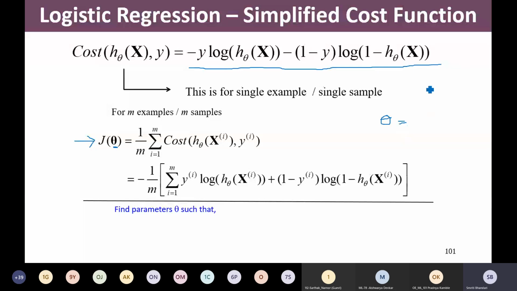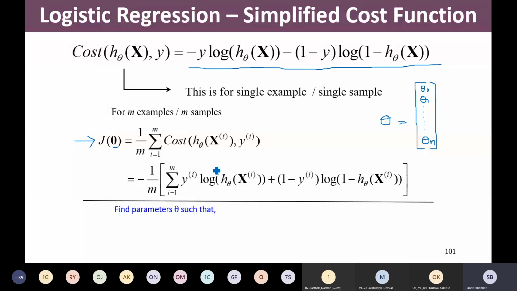Just recall, this theta is a parameter vector. What is in this parameter vector? We have n plus 1 parameters: theta 0, theta 1 up to theta n. Okay, so this is our parameter vector.